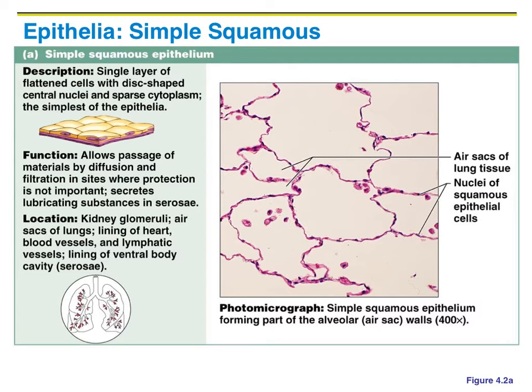It provides a frictionless surface, and it's located in places like the kidney glomeruli, the air sacs of the lungs, lining of the heart, blood vessels, and lymphatic vessels. It also makes up the lining of the ventral body cavity we refer to as the serosae.